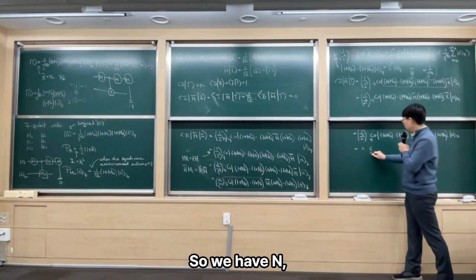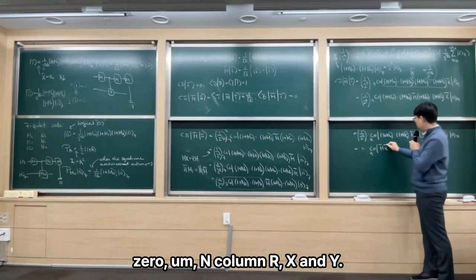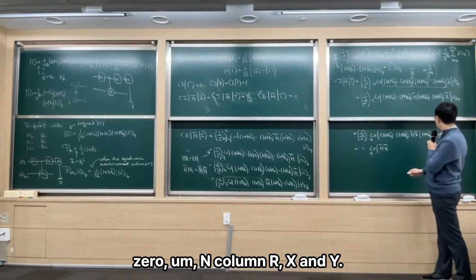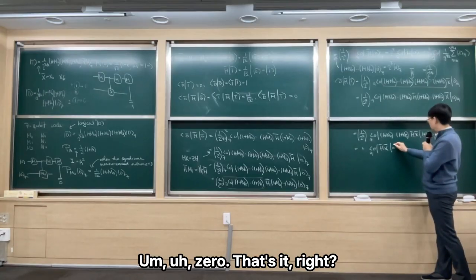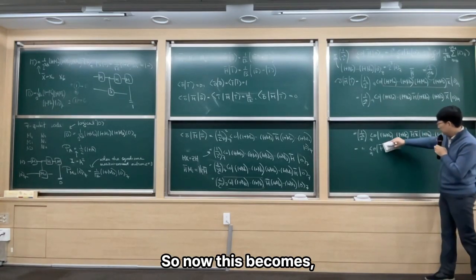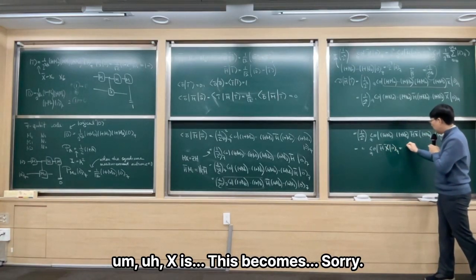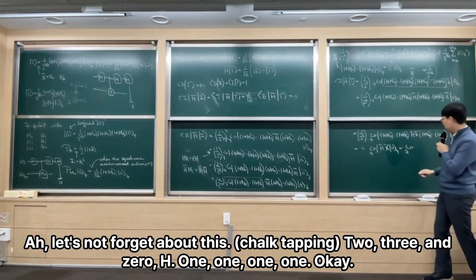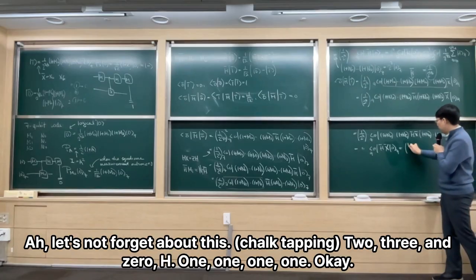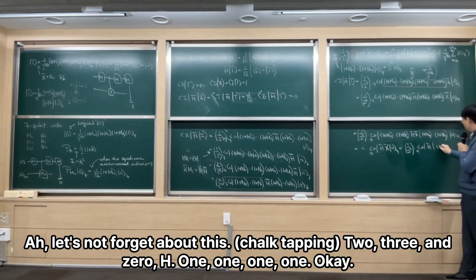So we have 7, 0, n, Valdemar x, and what? 0, 7, right? So now this becomes, not gonna erase this. So this becomes 7. Let's not forget about this. 2/3 and 0, h, 1, 1, 1, 1. Okay.